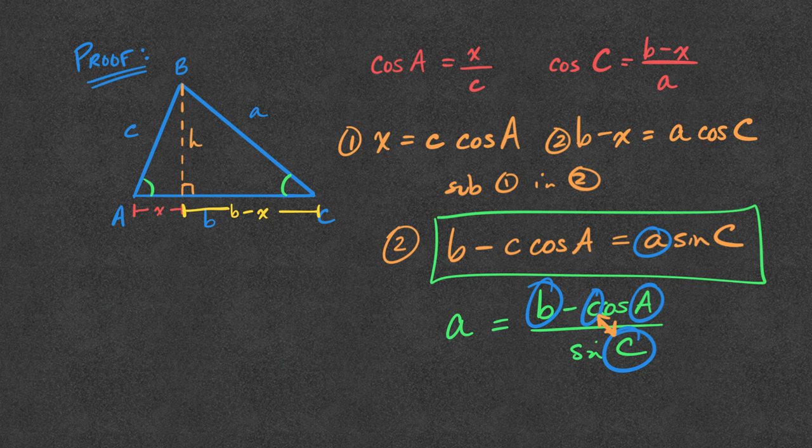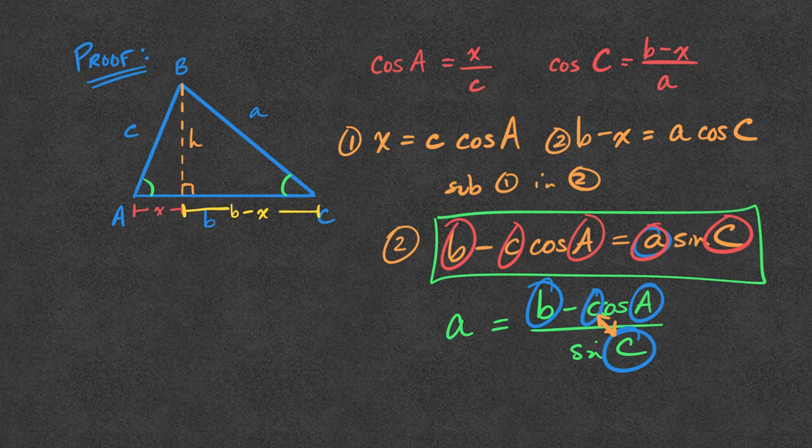Notice, for that equation to be useful for me, I would need to know 4 properties. I have 5 variables. 1, 2, 3, 4, 5. So to solve for one of them, I'd have to know the other 4. And if I have to know the other 4, I already knew enough information to use one of my other tools.